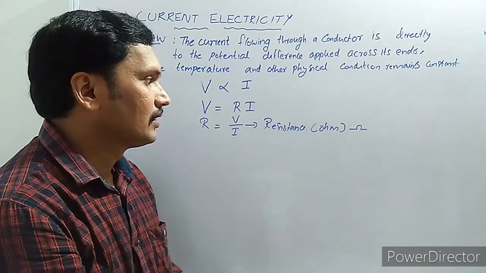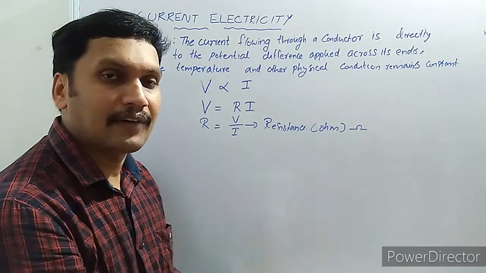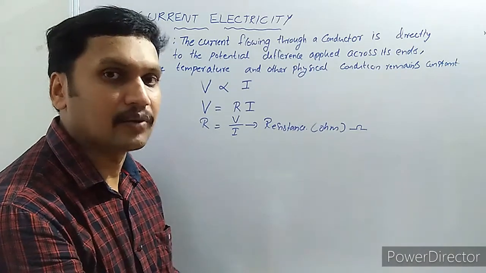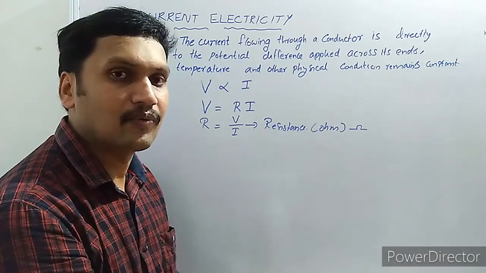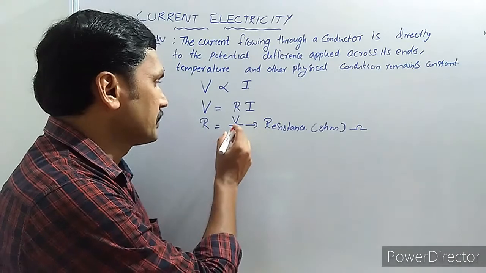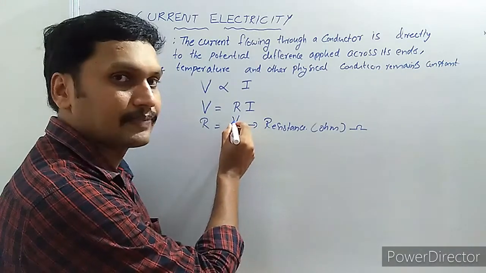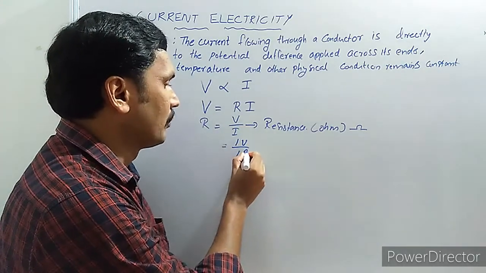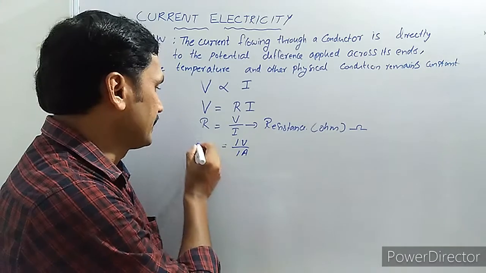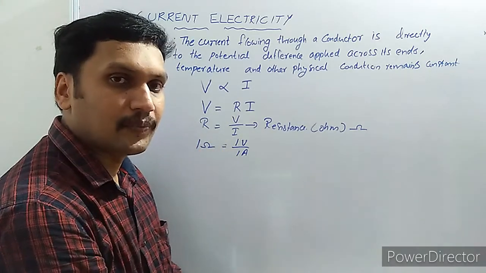Now let us see, when will you say that a conductor has a resistance of 1 ohm? Suppose we apply a potential difference of 1 volt, so V is equal to 1 volt, and I is equal to 1 ampere. Then we get R is equal to 1 ohm.